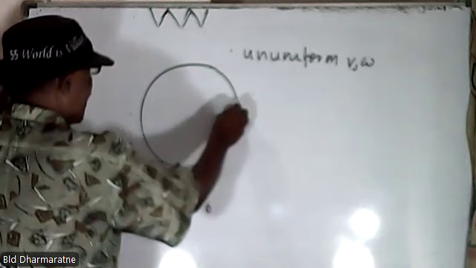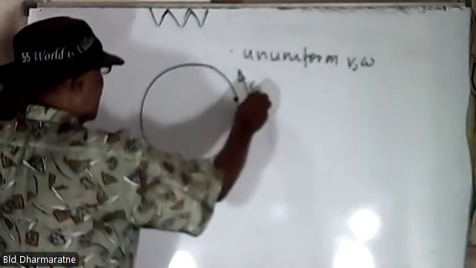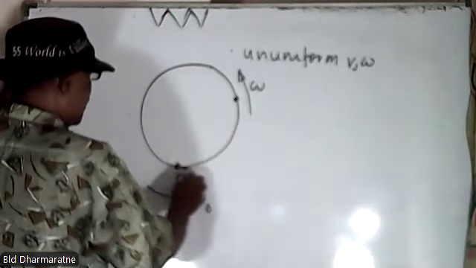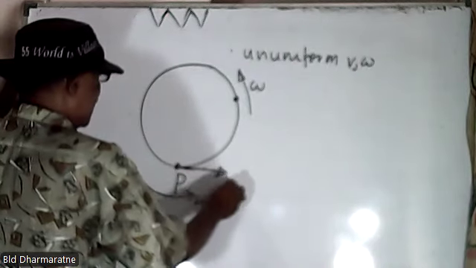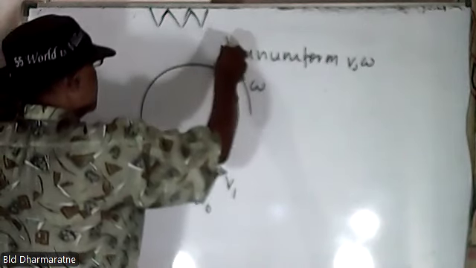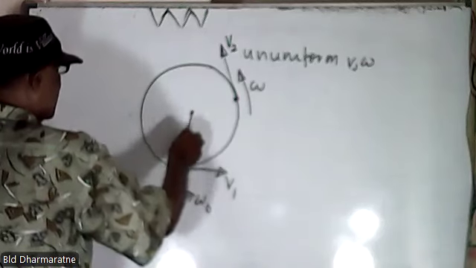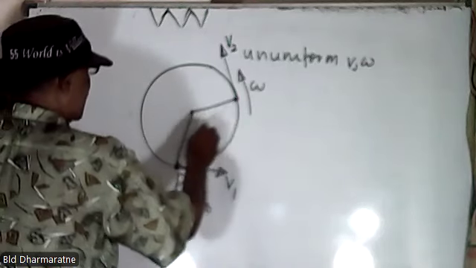After time t, it has angular velocity omega. The velocity is V1 here and again V2, with angular displacement theta.